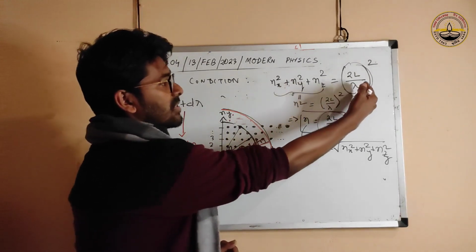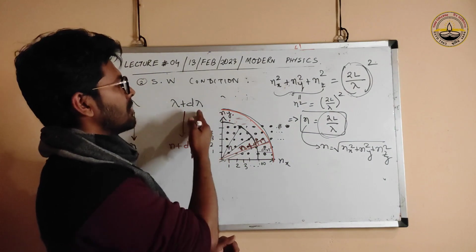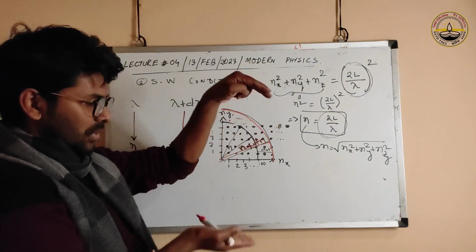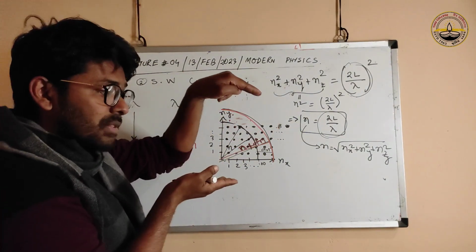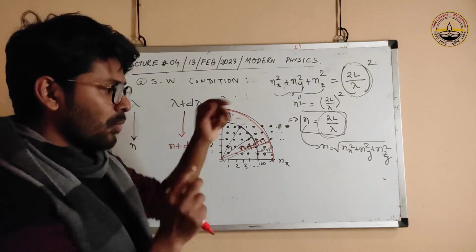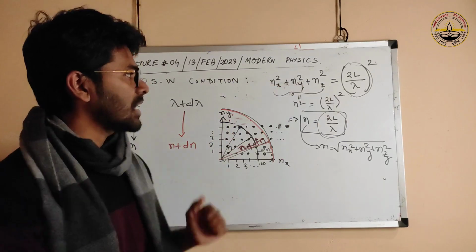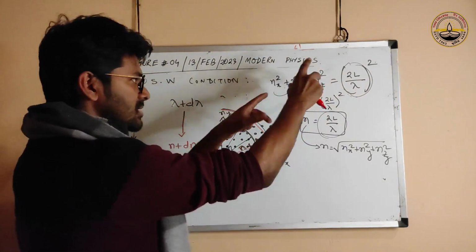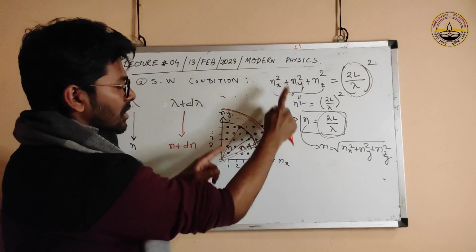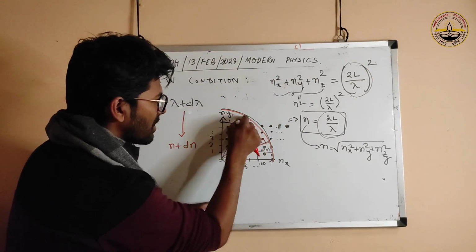Those will satisfy this lambda and lambda plus d lambda condition. Within this range, we are interested in the waves that fall within this range, and they correspond to particular numbers, and these various numbers will correspond to these various points.